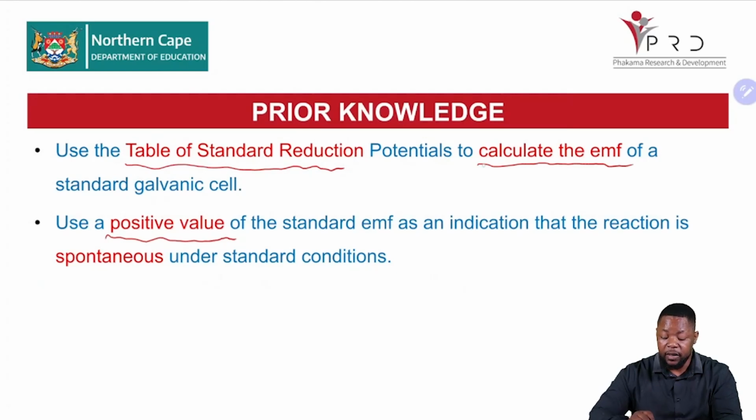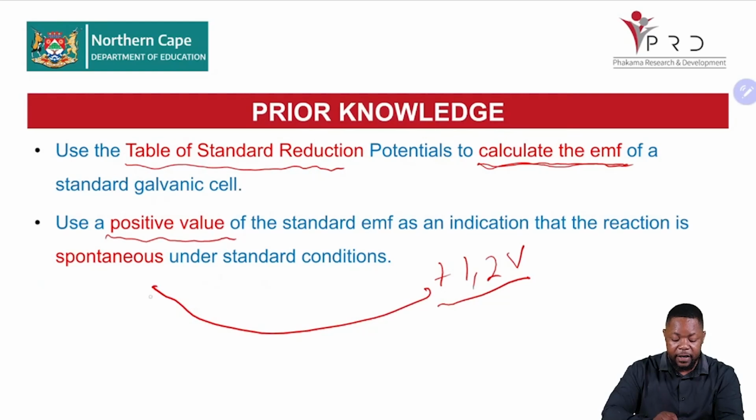So when we do the calculation of the EMF and the answer that we get is perhaps positive 1,2 volts, because this value is positive, this will indicate that the reaction is spontaneous under standard conditions.